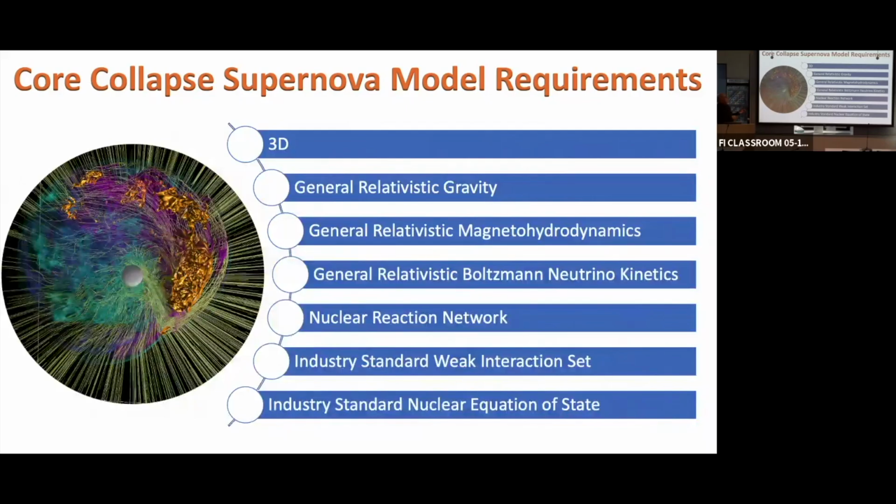So what we need going forward, obviously, are three-dimensional simulations with general relativistic gravity, general relativistic magnetohydrodynamics, general relativistic Boltzmann neutrino kinetics, a nuclear reaction network, an industry standard weak interaction set, and an industry standard nuclear equation of state.